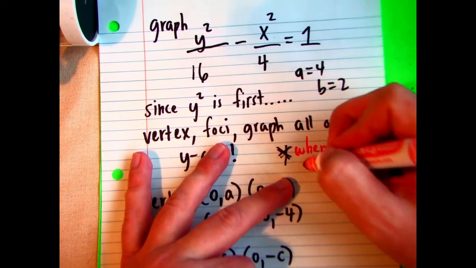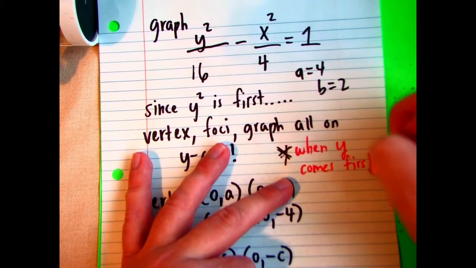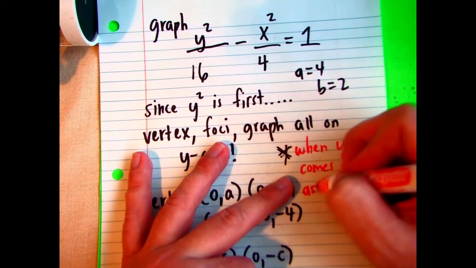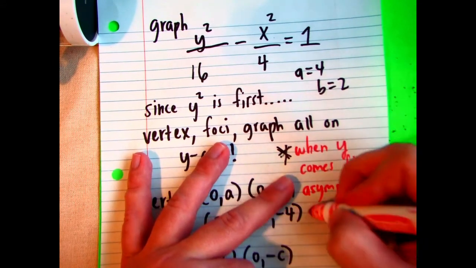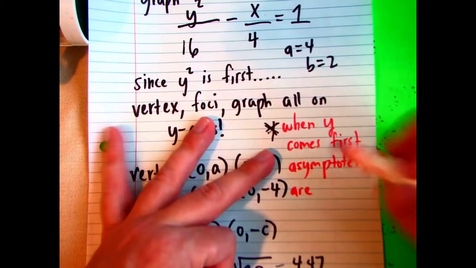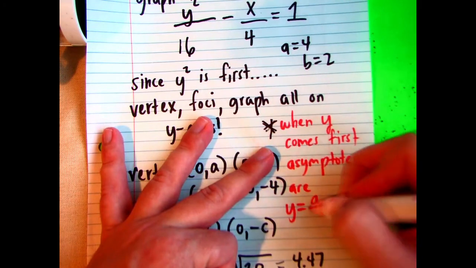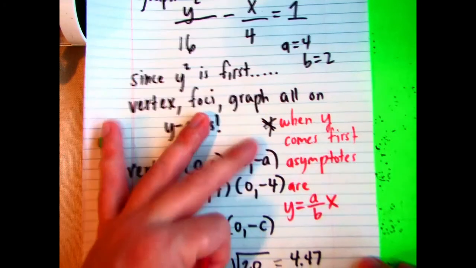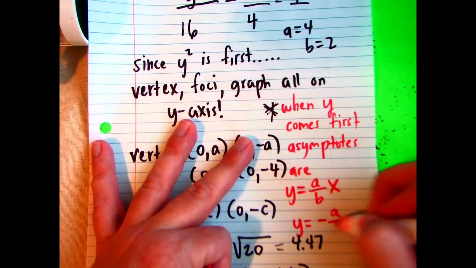When y squared is first, the equation of the asymptotes is going to be y equals a over b x and y equals negative a over b x.